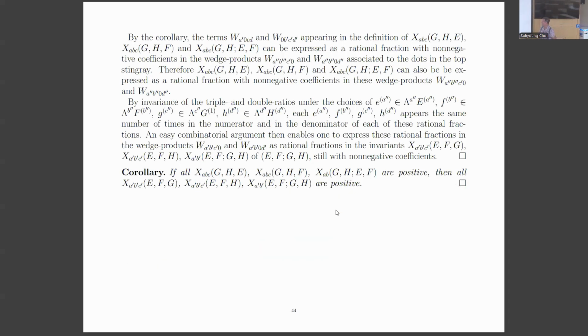And the reason for that is that these new invariants, for instance this one, GHE, you can express in terms of wedge invariants, and we just saw in the corollary in the previous slide that you can express all these terms occurring in this definition here in terms of the wedge invariants that were in the upper stingray, namely the ones we were using to define the old invariants.